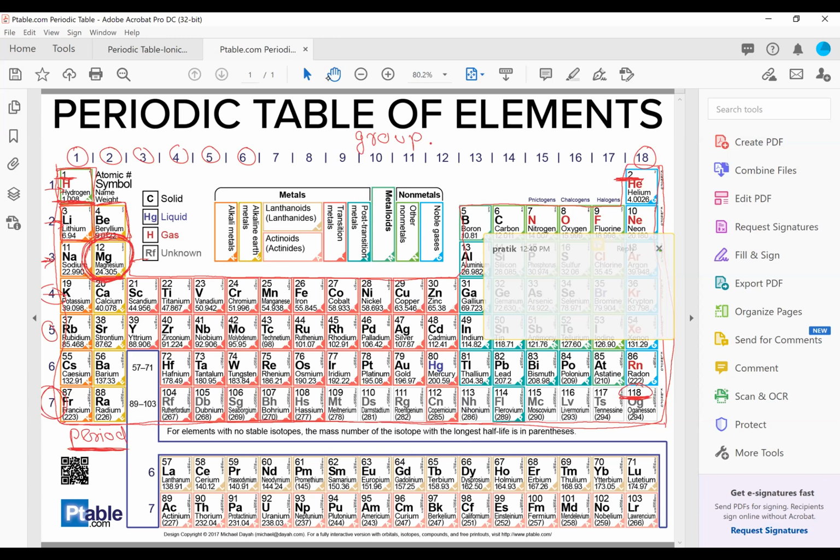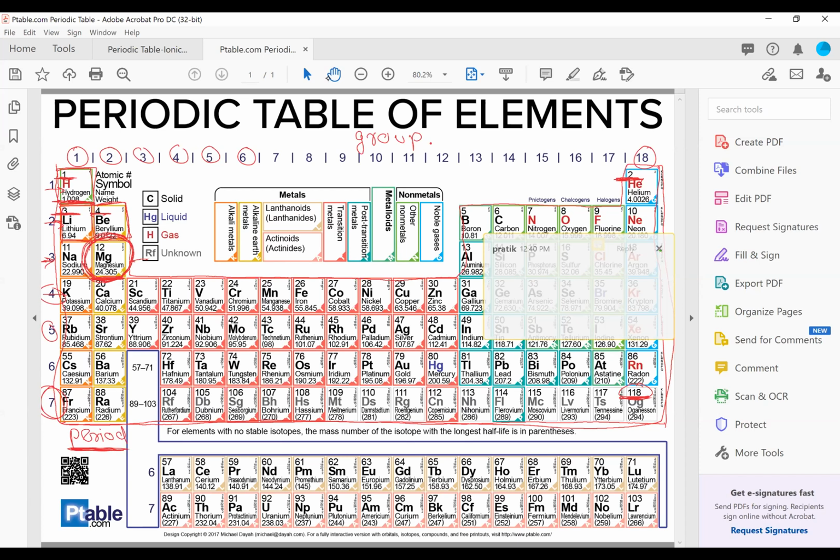In the second row, on the left side, it says number 3, then 4, then 5, and so on. So there is a number which goes up sequentially from 1 to 118. That is called the atomic number. So the periodic table has been arranged in the order of the atomic number.